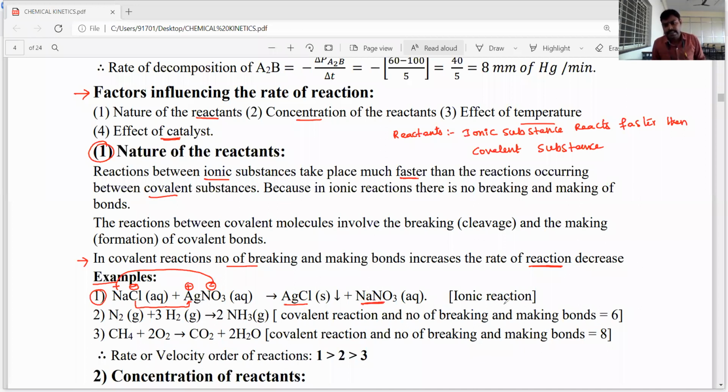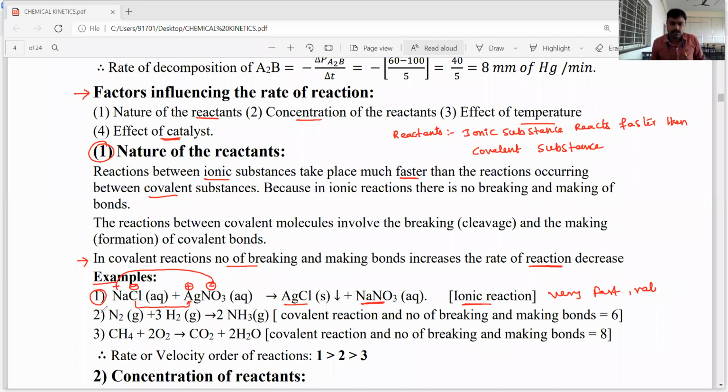So this is an ionic reaction, because ionic substances are involved and there is no breaking and making of bonds, so it is very fast and the rate of reaction is more.